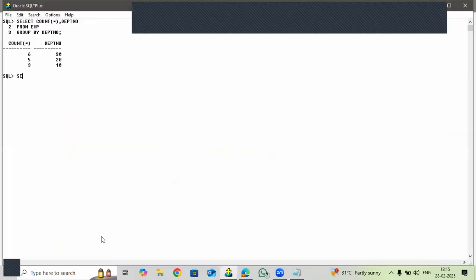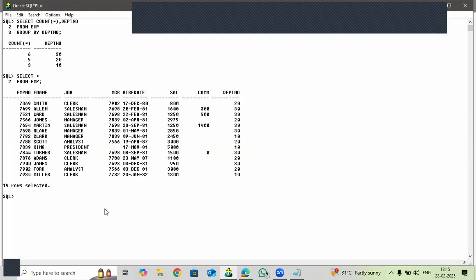Similarly, here, select star from EMP. Department number 30, how many people are working in department number 30? 1, 2, 3, 4, 5, and 6. So the compiler will separate all the employees who are working in department number 30, and then count the number of employees. It is 6.